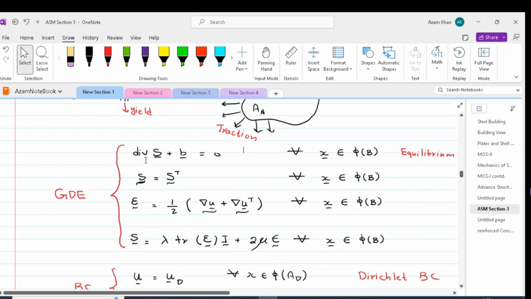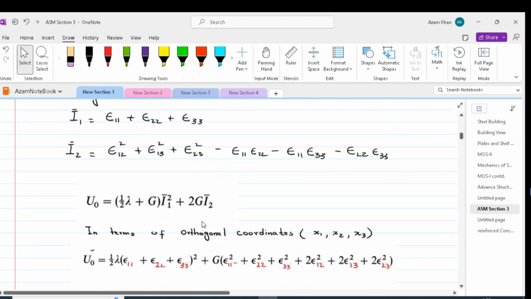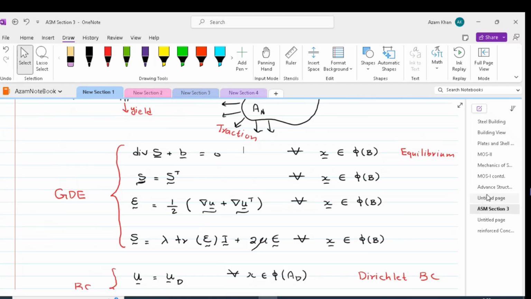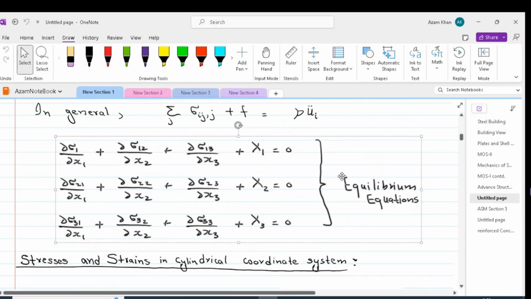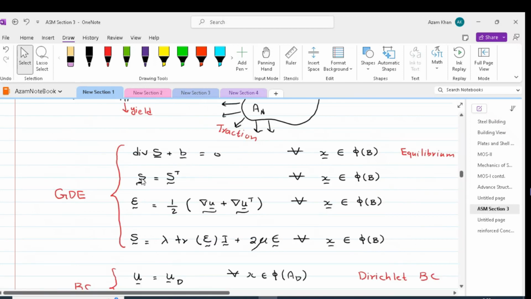We have got the first equation, which is our equilibrium equation, and that is divergence of S plus B equal to 0. This we have previously derived. So this is the same equation which is shown over here, the equilibrium equation.